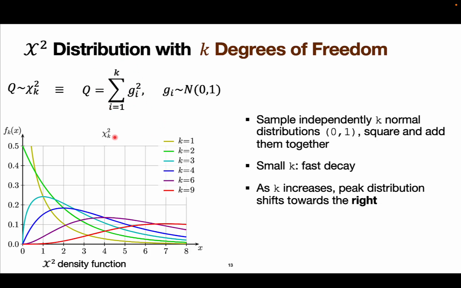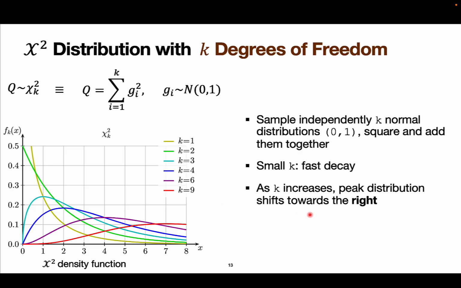And as you can see in the graph, when k equals 1, the graph has this fast decaying behavior because it's just one squared normal distribution.